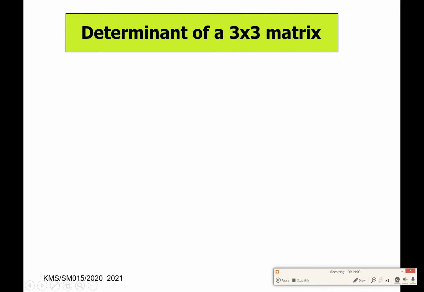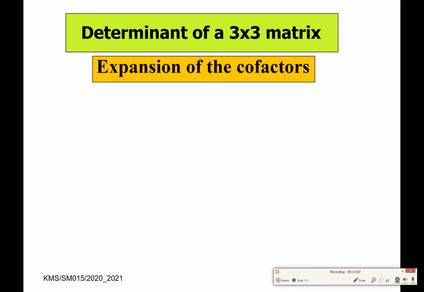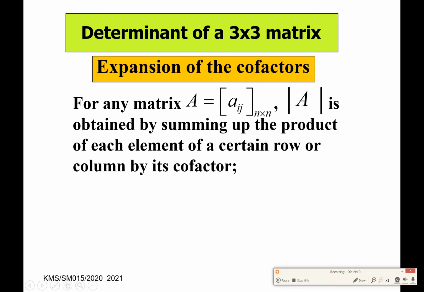Okay, so look for determinant of 3 by 3 matrix. Expansion of the cofactor. Okay, for any matrix of A with n by n matrix, determinant of A is obtained, okay, so this determinant, which I use the red pen, you can see clear, by summing up the product of each elements of a certain row or column by its cofactor.